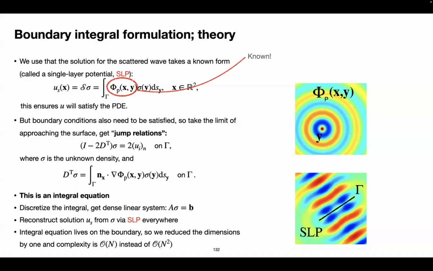And it has a further advantage, namely that we went from 3 dimensions to just a surface, 2 dimensions. And in that, we now need to discretize a shape, a surface that is 1 dimension lower than the original problem that we started from. And that reduces the complexity of the approach. So instead of, say, using n squared evaluations, we only need n.